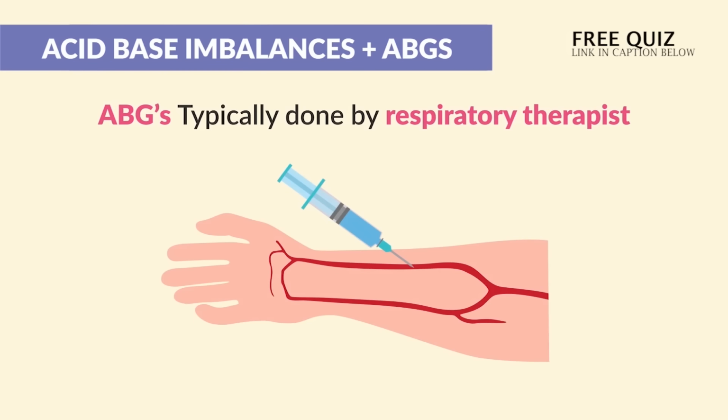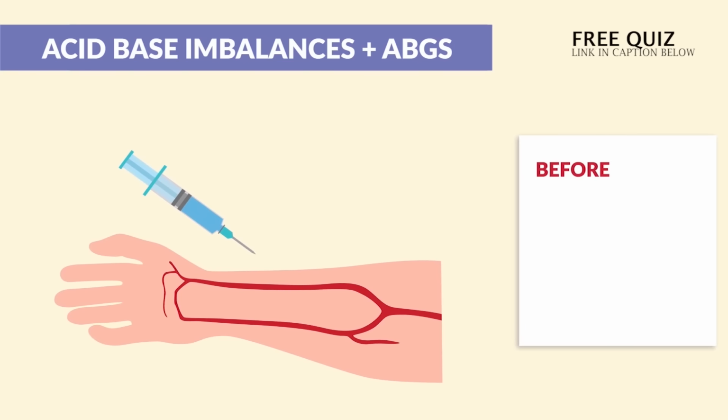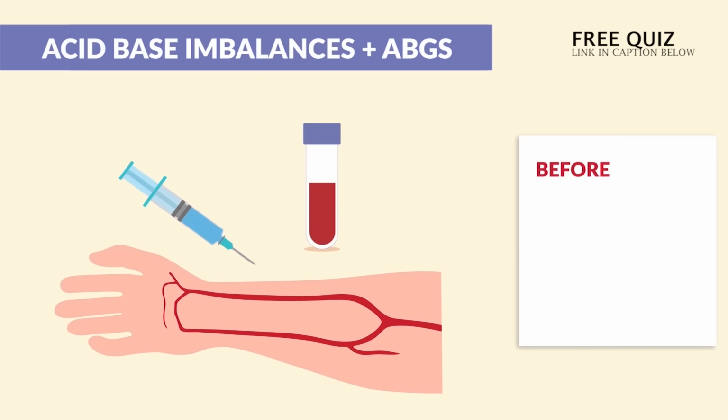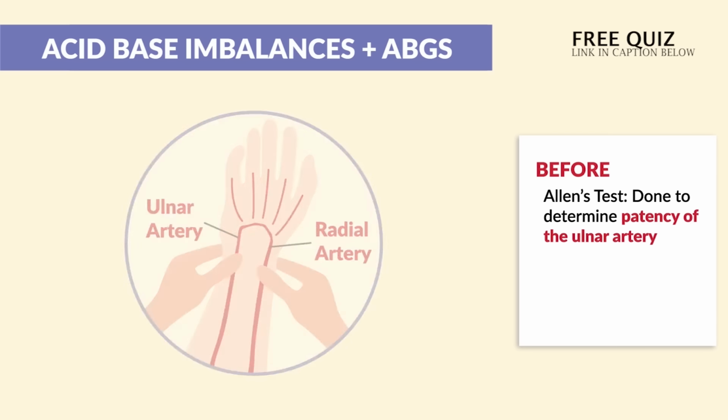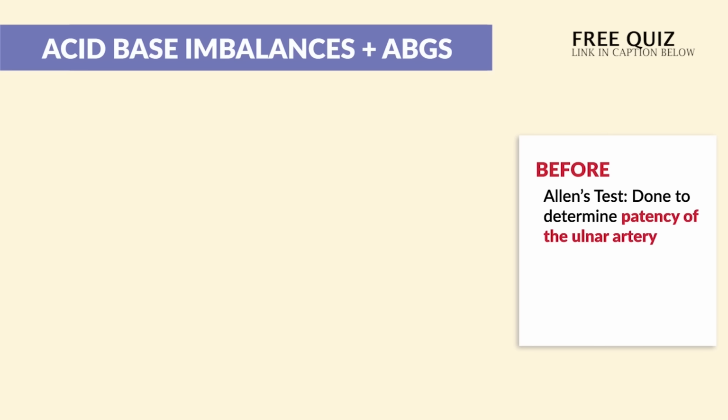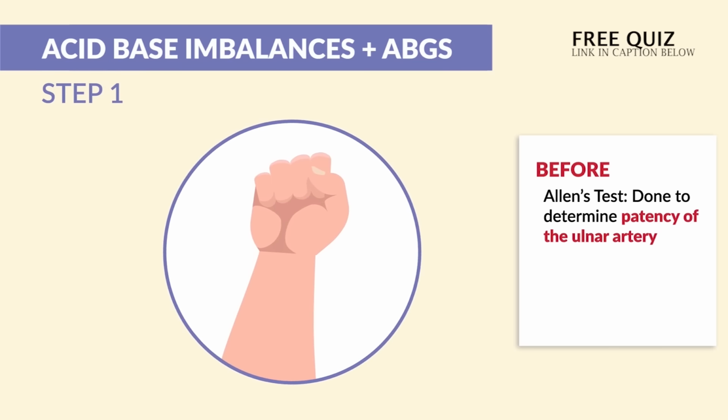Now, ABGs are typically done by a respiratory therapist. Now, before the procedure, the RT will prepare to draw blood from the radial artery and do an Allen's test. This is done to determine the patency of the ulnar artery. Now, the test is done in 3 steps. Step 1, the client makes a fist and the RT occludes the radial artery and ulnar artery.